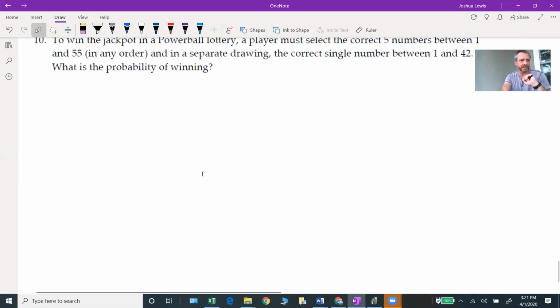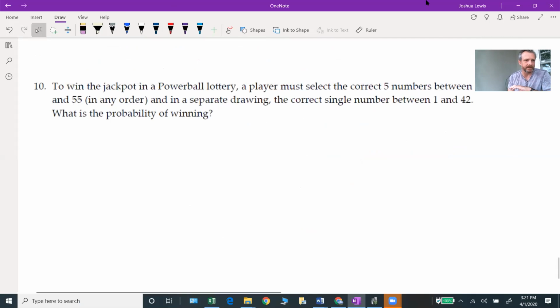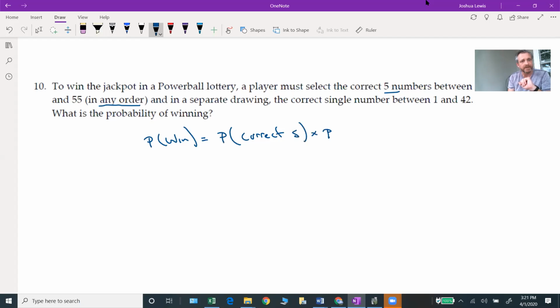And now number 10. So to win the jackpot in a Powerball, the player must select the correct 5 numbers between 1 and 55 in any order, and in a separate drawing, the correct single number between 1 and 42. And so 2 things have to happen. So that's going to be the probability of getting the correct 5 numbers times, because they have to do both, right?